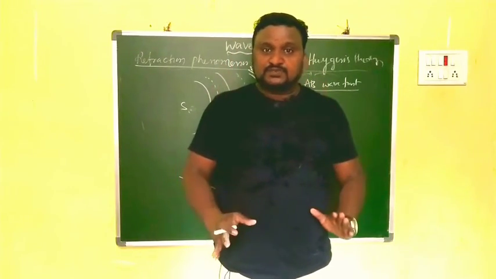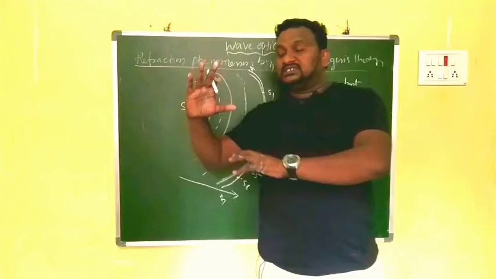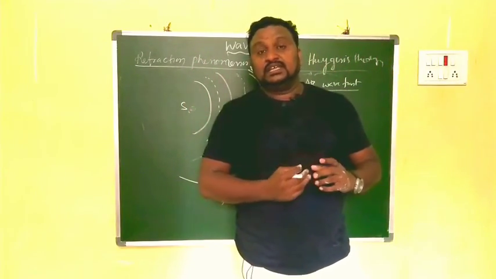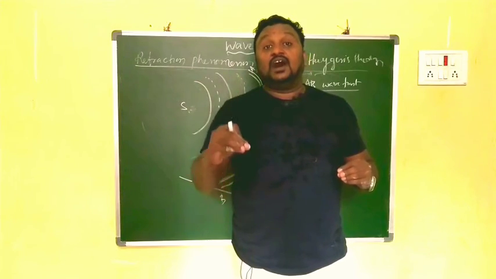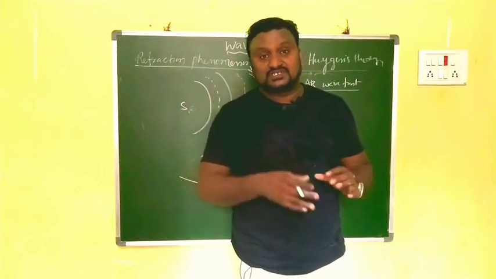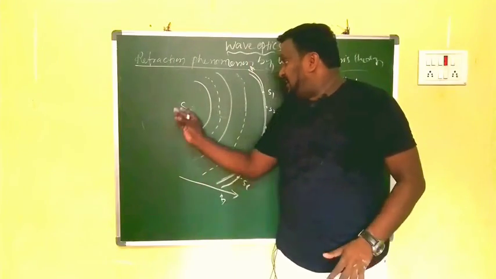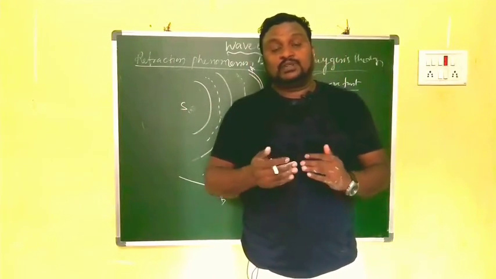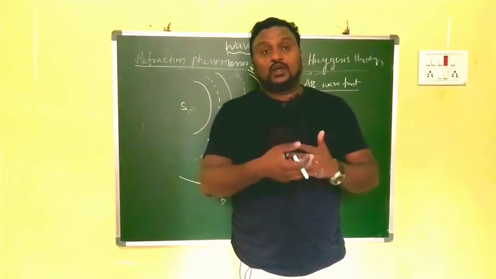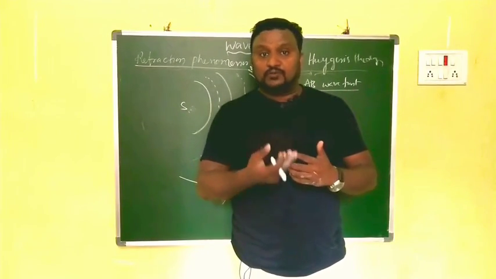According to Huygens principle, the points we selected, S1, S2, S3 up to S6, can also act as secondary sources. Here S is the primary source. From the primary source we get wavefronts. So the locus of all the points gives another wavefront.